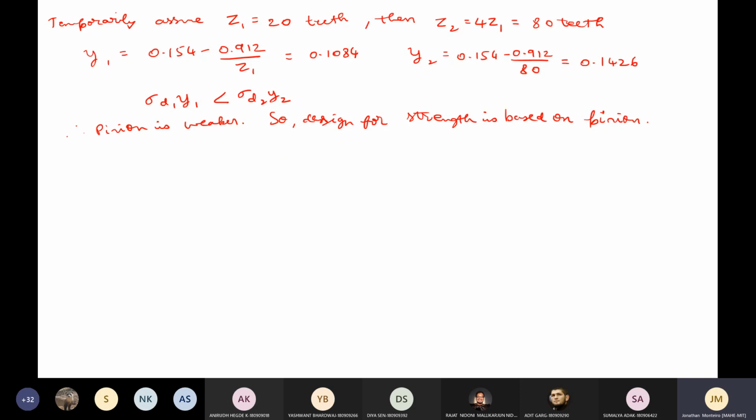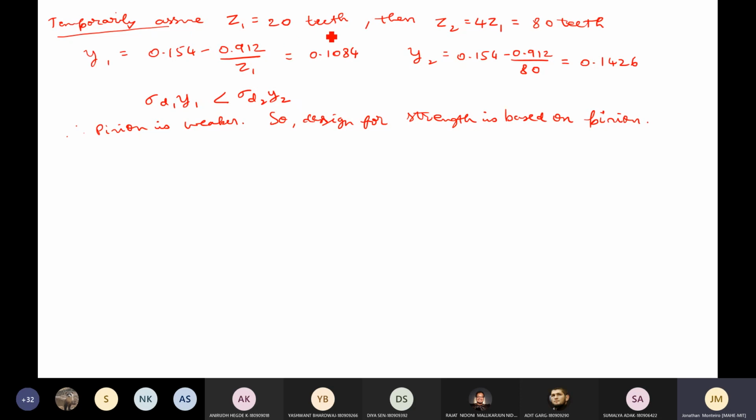Okay, I think things are clear till now. But remember students, z1 equal to 20 you have taken only temporarily, only to find out the weaker member. You cannot use z1 anymore in the calculations, because that will still remain unknown until you finish your iterations. Until then, the number of teeth on both the pinion and the gear will still be unknown.